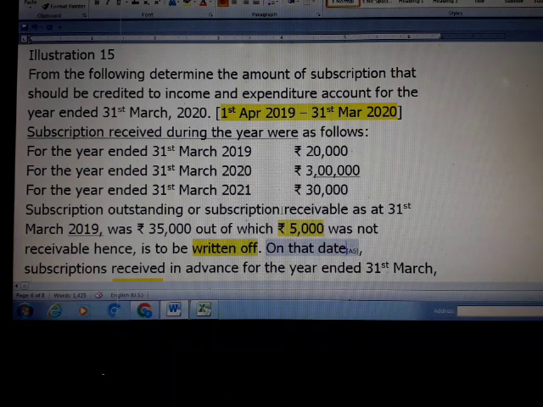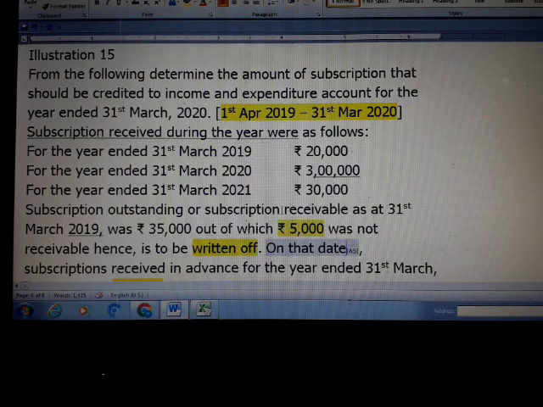But out of that 35,000, 5,000 worth of subscription is not going to be received. They are not receivable. Hence you need to write off. Remember, don't always expect the clue word write off to be given in the question. We need to apply the write off concept. Whenever it is said that it is not receivable, it is understood that it belongs to the write off concept.